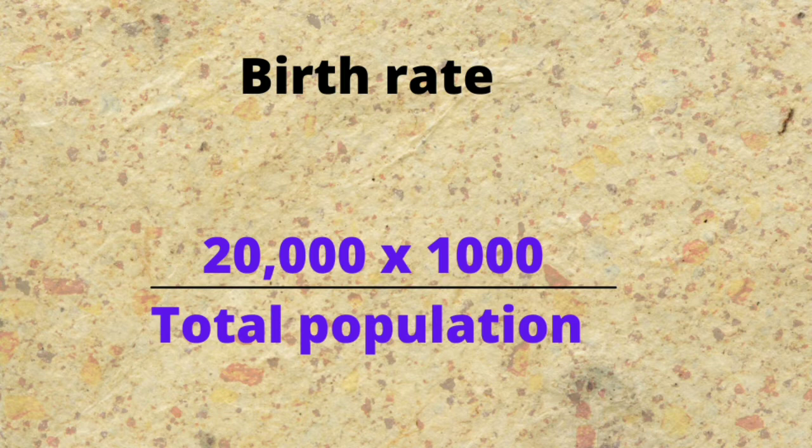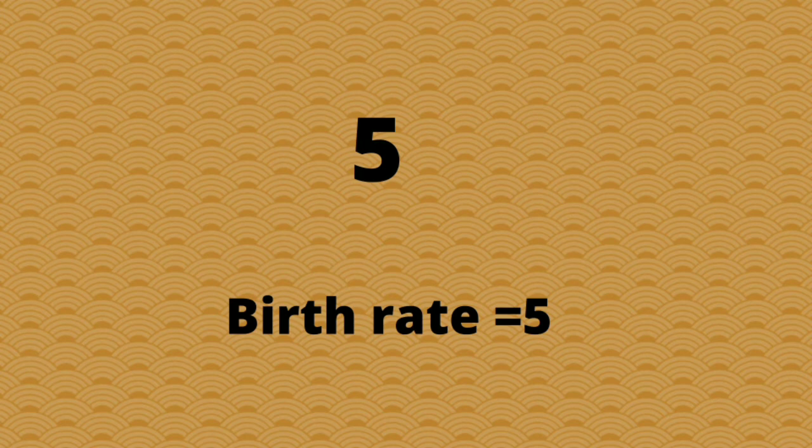So right now we are left with 20 times 1 over 4. And we know that 20 times 1 is the same as 20. So we're left with 20 over 4. So 4 into 20 equals 5. So therefore, the birth rate is equal to 5. Right?